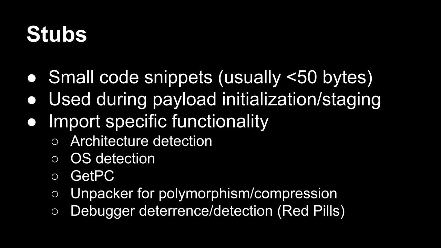But they may do other forms of fingerprinting, such as architecture detection, operating system detection, register investigation, such as getPC. They may involve unpackers or decoders, and they may offer, finally, more advanced red pill stubs include anti-debugging techniques, anti-detection techniques, and sandbox techniques, as we discussed, the virtual machine detection red pill stubs.